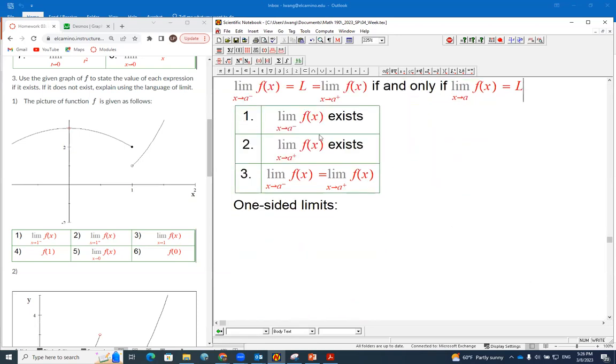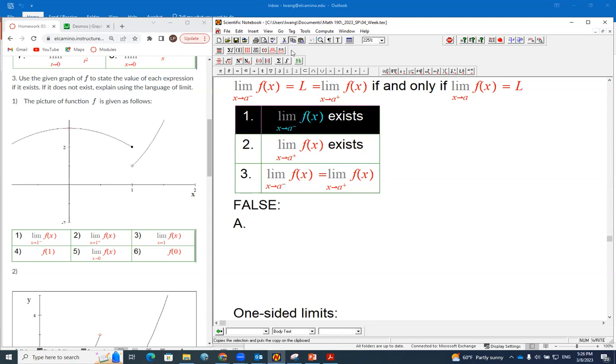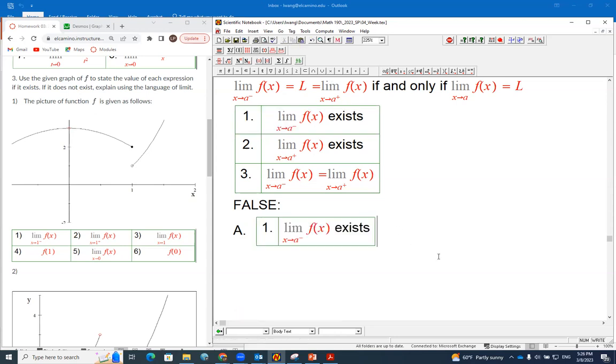So what is the opposite of it? The false case, the opposite of 1, 2, 3, can happen in the following way. It could be that A does not exist. These are very useful. This is false, does not exist.